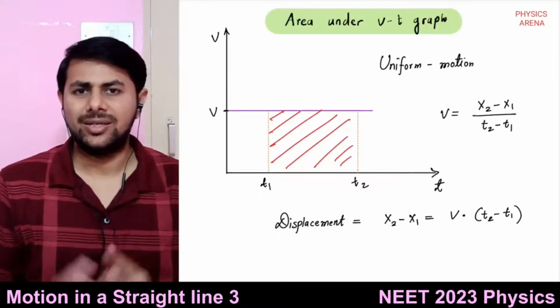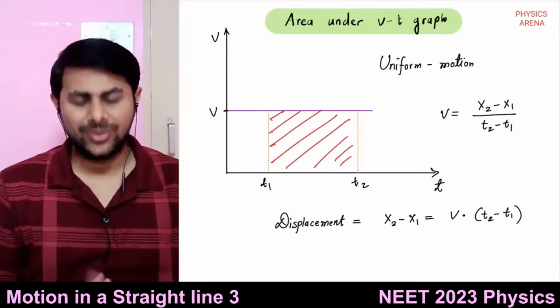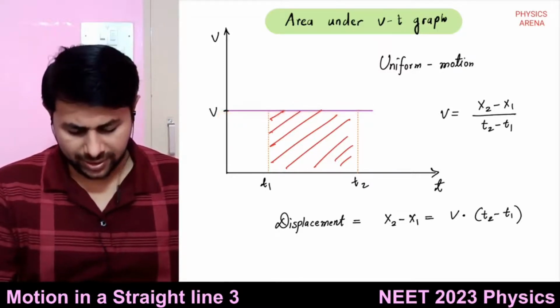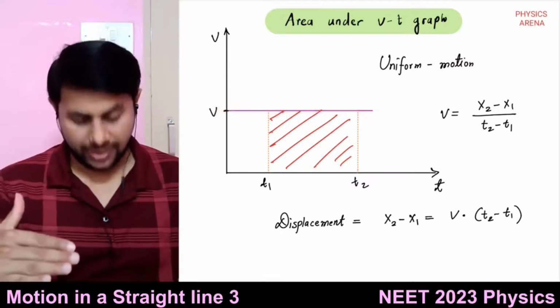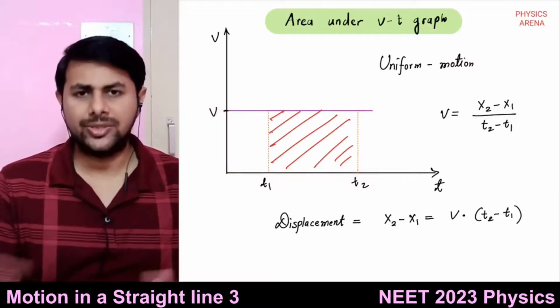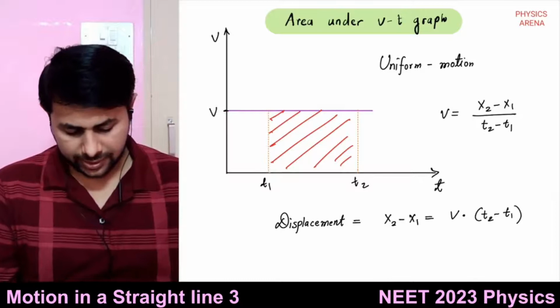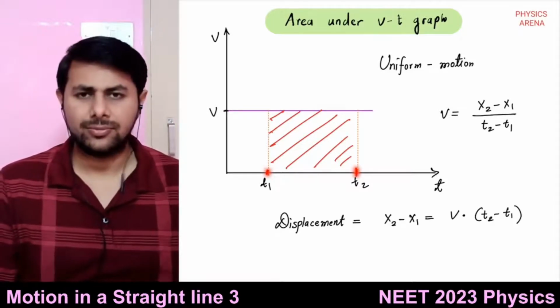After that, let's talk about the area under velocity versus time graphs. For simplicity, let's consider a graph which looks like this. Here velocity is constant, and that's why the graph is parallel to the time axis. So the object is performing uniform motion, and let's consider the time interval from t1 to t2.